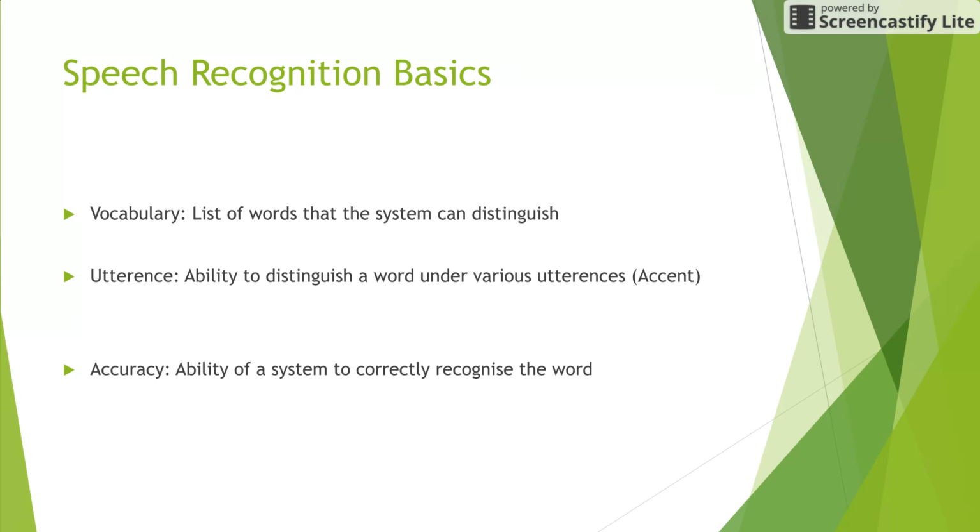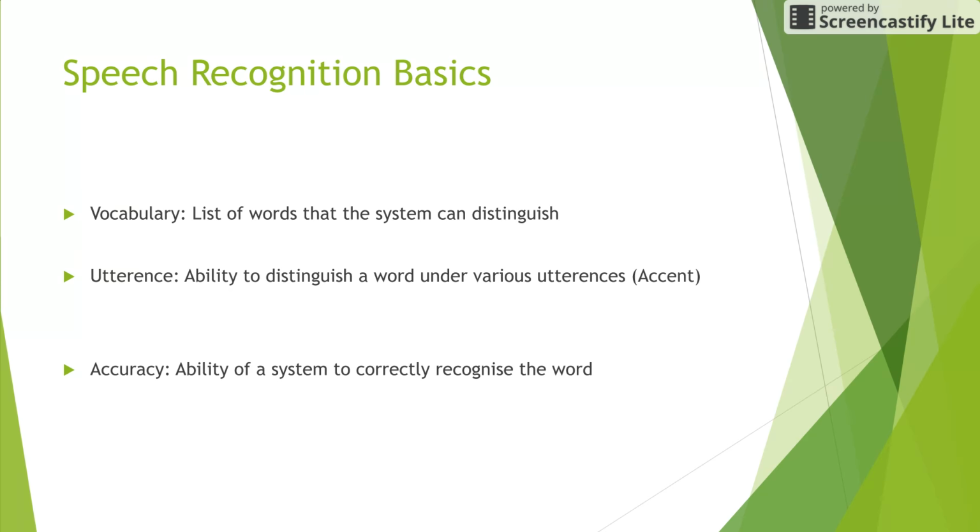Vocabulary is a list of words that a system can distinguish, like the basic words that we find in our dictionary. And the utterance is the pronunciation of a word, because a person with a British accent or an American accent has a different utterance of words or intonations.